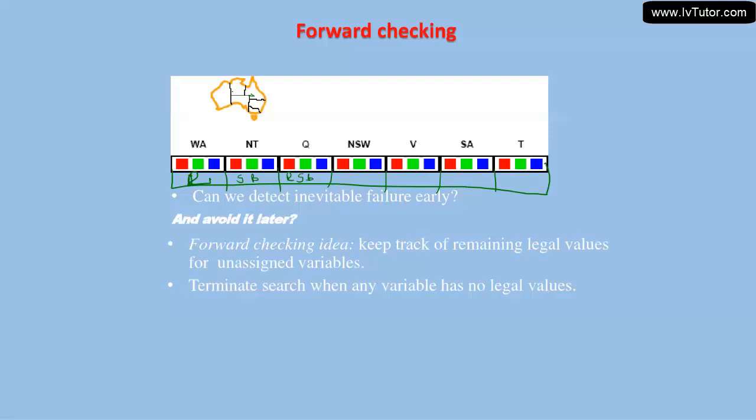Then South Australia will now have, that is the one that has green and blue. And then this we have red, green, and blue. Victoria, which is the small one, will have red, green, and blue. And then New South Wales will have all three colors, red, green, and blue.